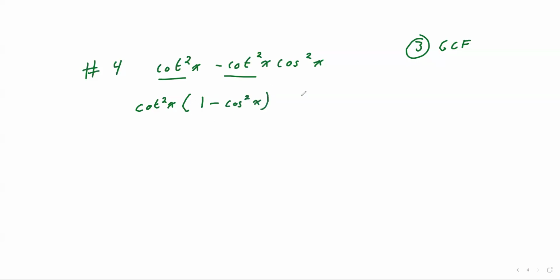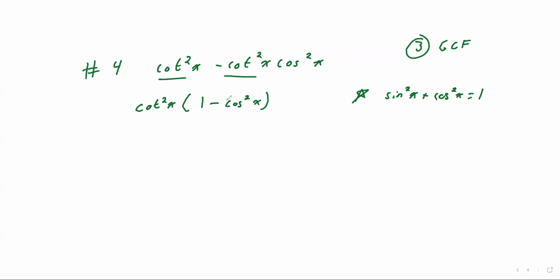Now, again, bouncing back to number 2 of looking for those Pythagorean identities, I have something with a cosine in it. So alternatively, if I look at sine squared x plus cosine squared x equal to 1, is there a way that I can manipulate this identity to make it look like this guy?